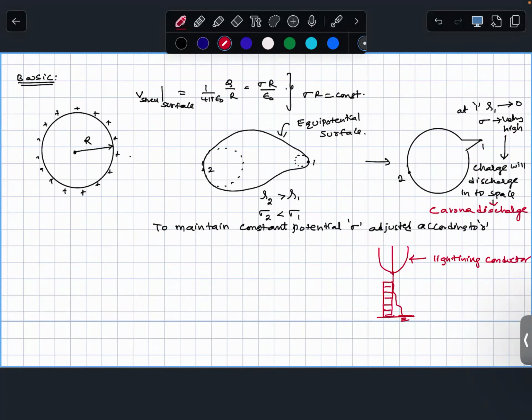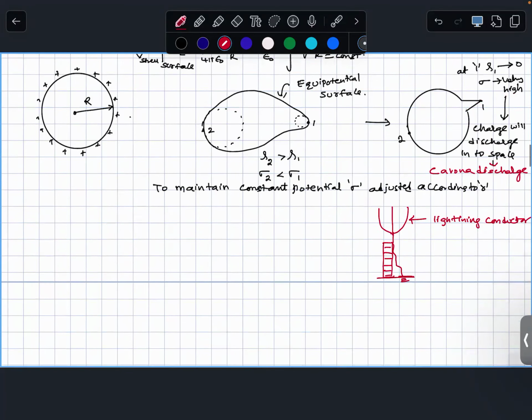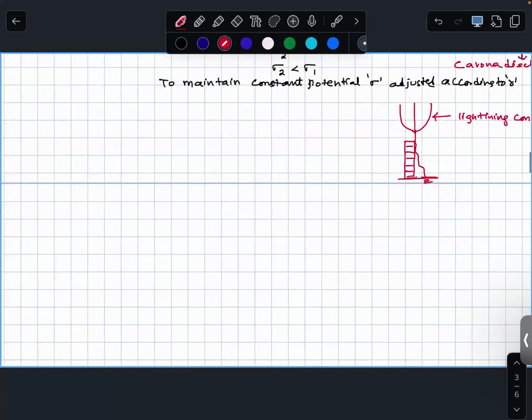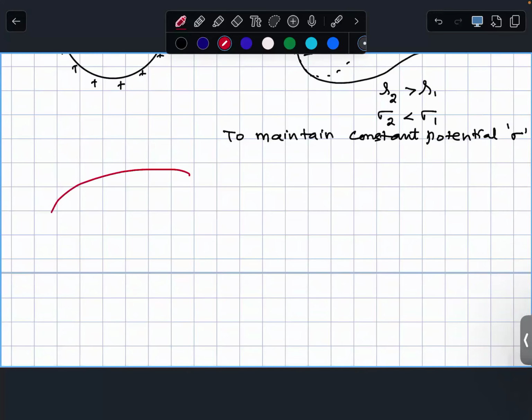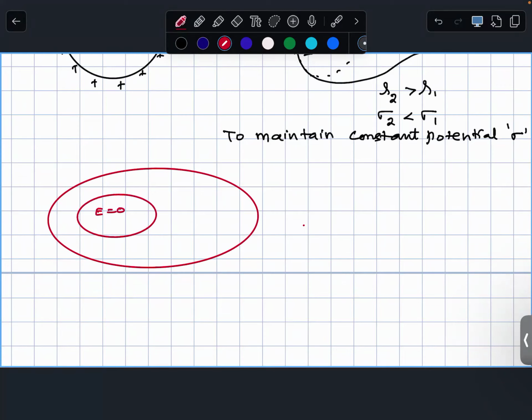Now we will go one by one after the other. Even if you have a conductor like this, okay, and you have some cavity type of arrangement like this, electric field is zero in this, even though you have charge outside.